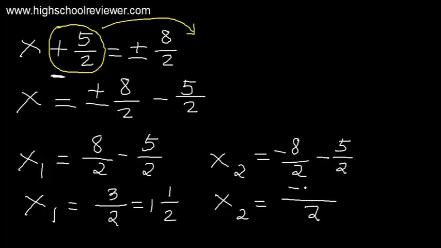This will be negative 13, or this will be negative 6 and 1/2. So therefore, x sub 1 equals positive 1 and 1/2, and x sub 2 equals negative 6 and 1/2 are our final answers.